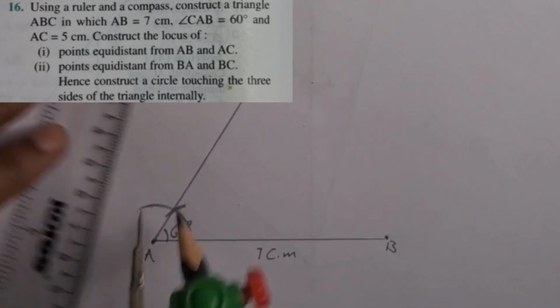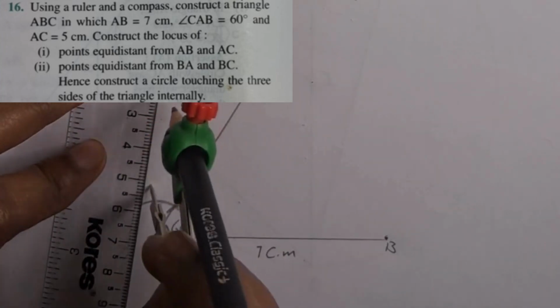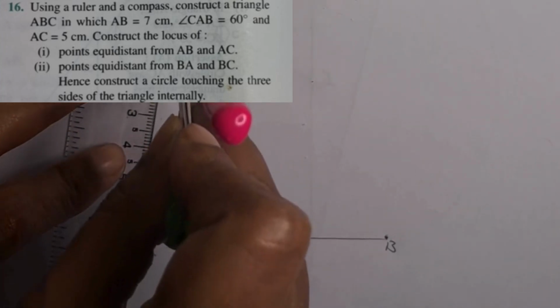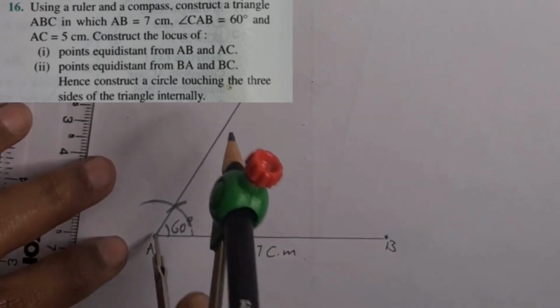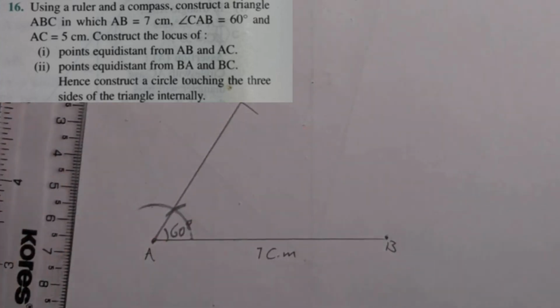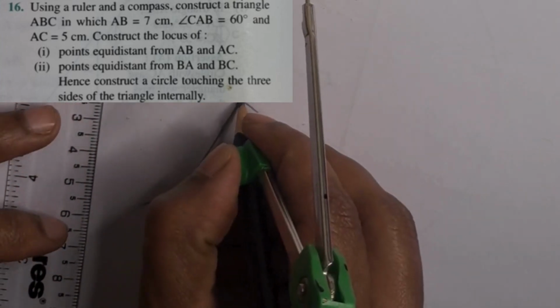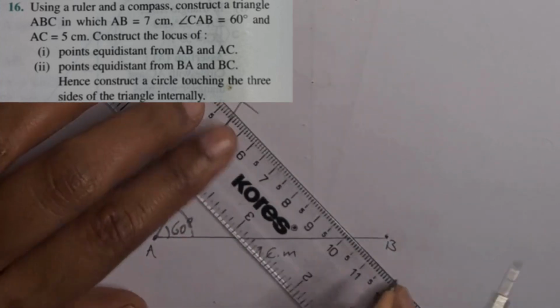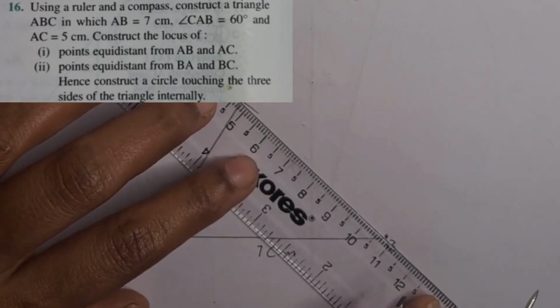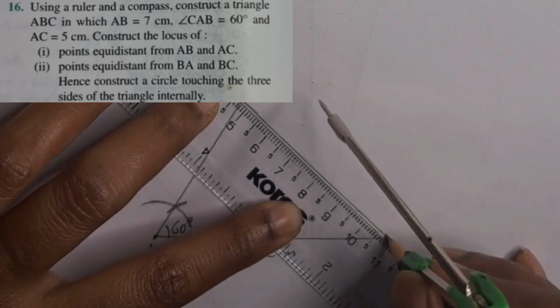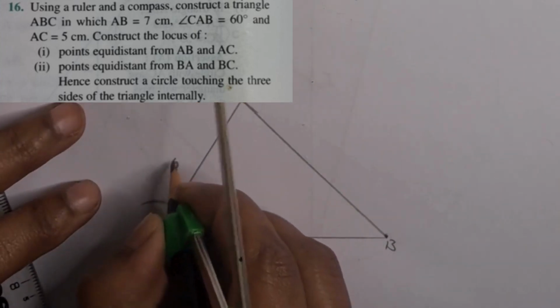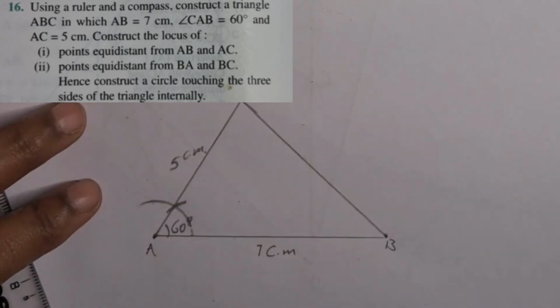From A we draw a 5 centimeter arc. This point is C. Join B and C.